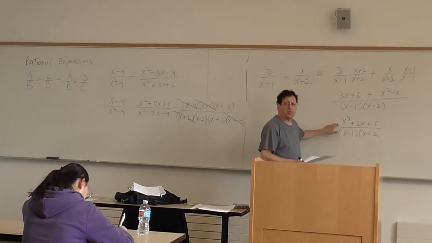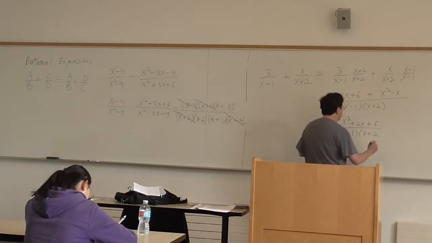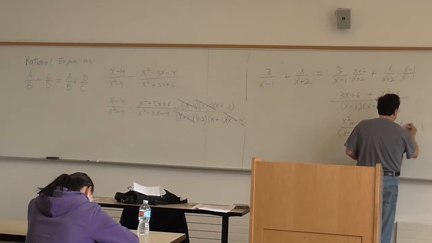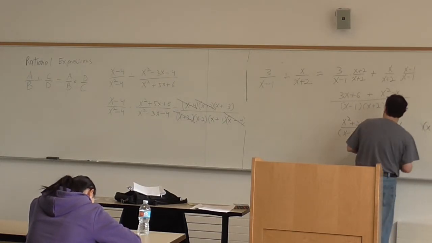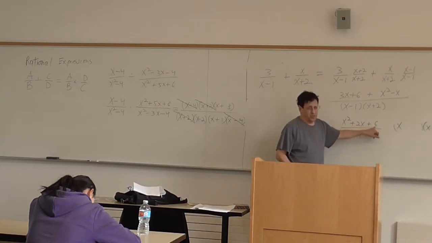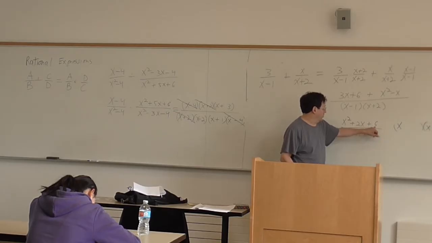Maybe we can factor this. I'm not sure. Let's try. Okay, so here's one of those trickier ones where it could be 6 times 1, and we're doing reverse FOIL, or it could be 2 times 3.